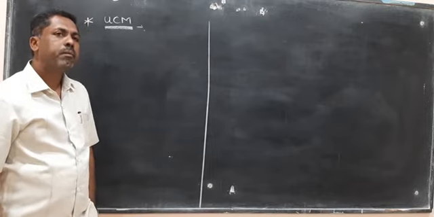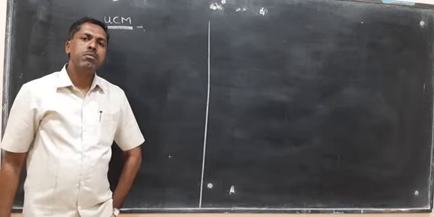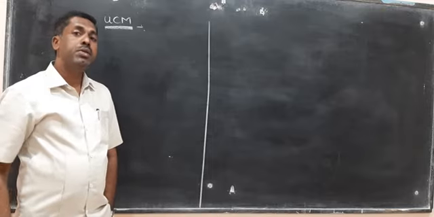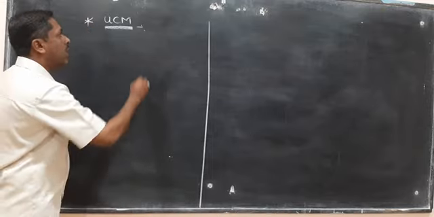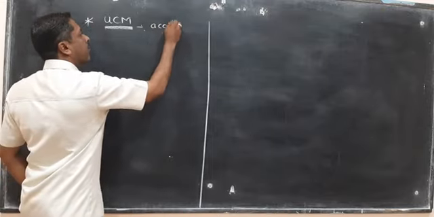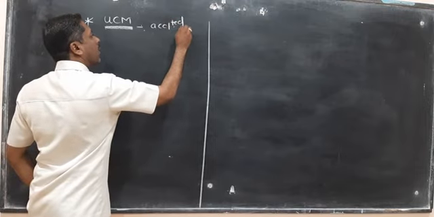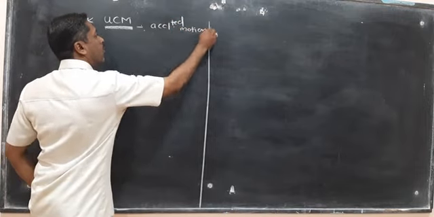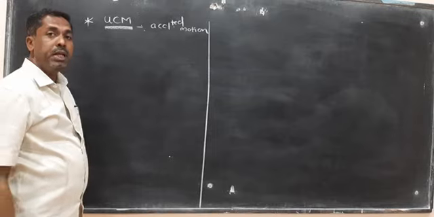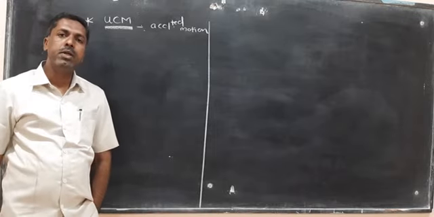That's why uniform circular motion is treated as accelerated motion. What are the important points about UCM?